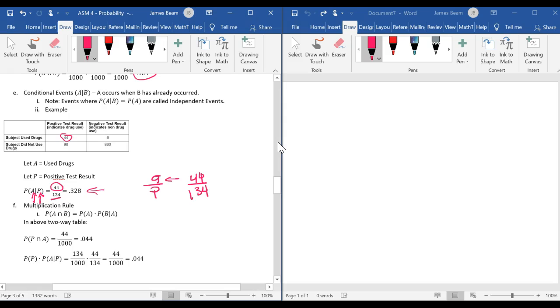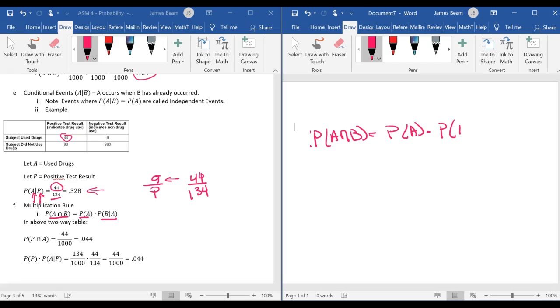There's a relationship between the intersection and the conditional probability. The probability of the intersection is equal to the probability of the event times the probability of the conditional of B given A. So if you work this from our 2A table, the intersection of P and A is going to be 44, so that's 0.044.